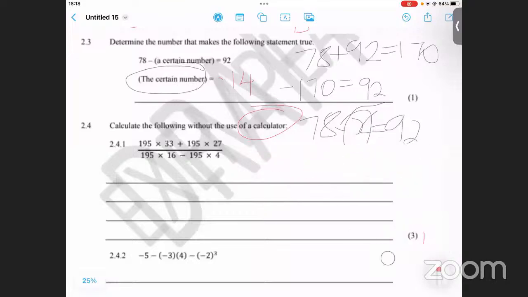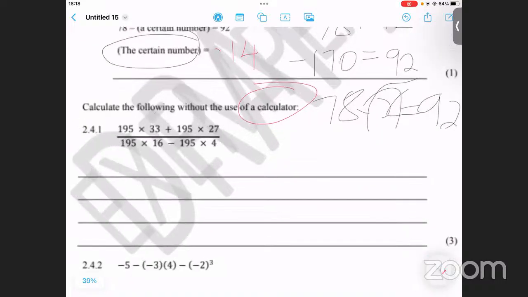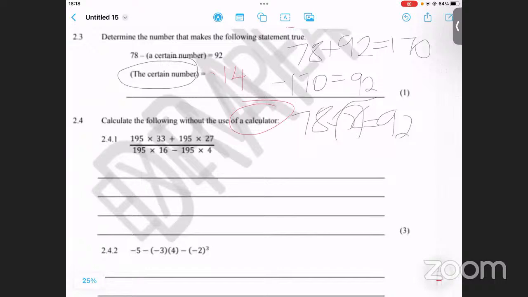Like when you say 195 multiplied by 33, they'll know that you used your calculator, because there is a way to get it, but it's going to take you longer, which is something that you're not going to do, right? So if you're having something like this, you can see that you have a common factor of 195 and 195, and also on the denominator, you have 195 and 195.